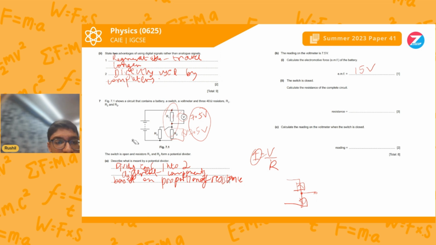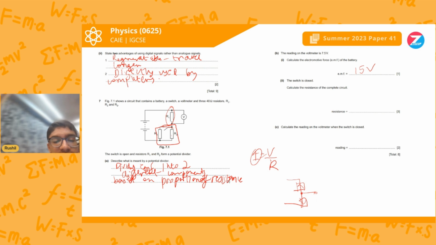Now, the switch is closed. Calculate the resistance of the complete circuit. If we close the switch, the resistance of this circuit is the resistance of this plus the resistance of this system.